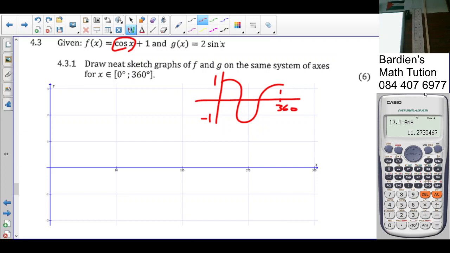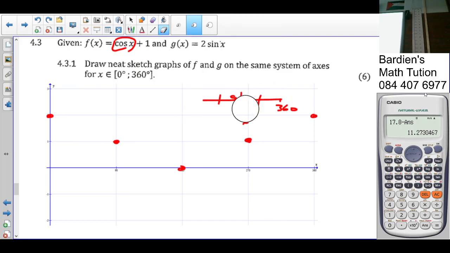Shifting 1 unit up, 1 goes to 2. This is 90, goes 1 unit up. This is negative 180 and 0, 180 and negative 1 becomes 180 and 0. There's that one and that one there. You all okay with that?